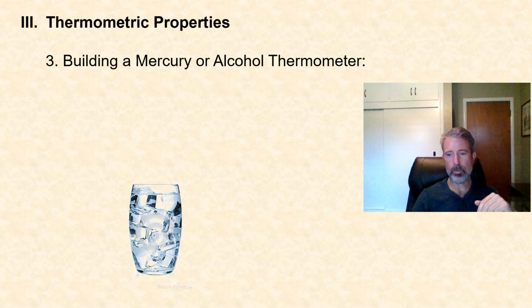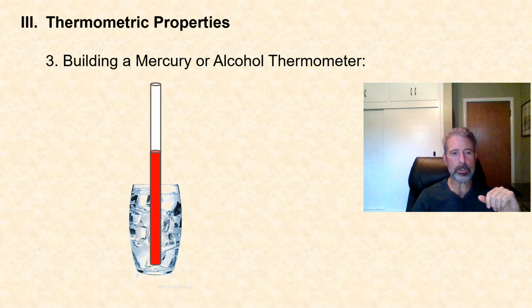In Celsius, we'll call that 0 degrees Celsius. When you put that in there, you can see that this is going to cause the column to drop when it cools from room temperature down to 0 degrees Celsius. Put a little mark on the outside of your tube at that point. That is 1 point for calibration.